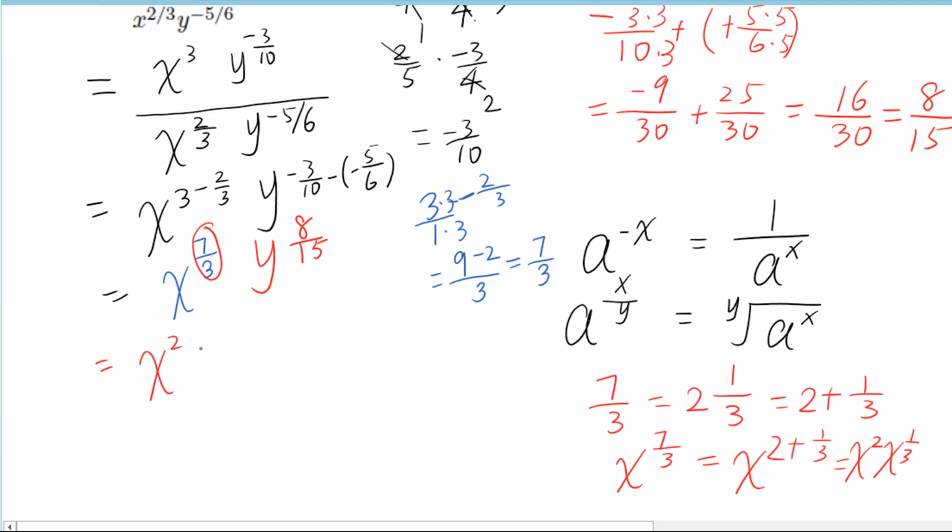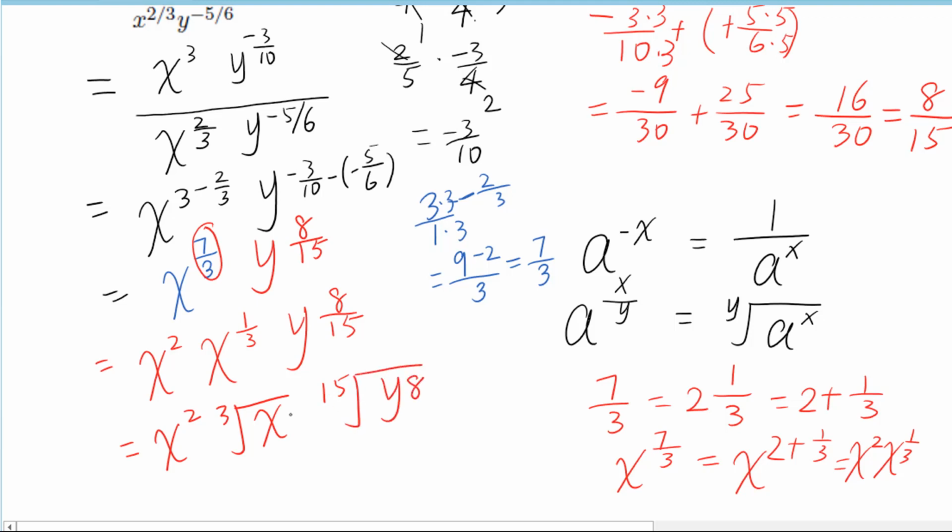For y, 8/15, since 8 is less than 15, we stay. Then the last step, we need to change these exponents as fractions into nth roots. This will be x squared times the third root of x, and the 15th root of y to the 8th power. This will be the simplified form of the expressions.